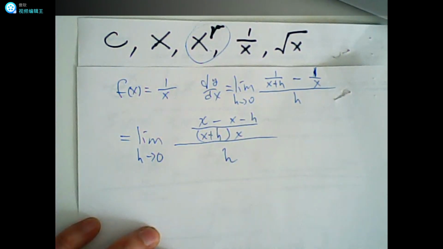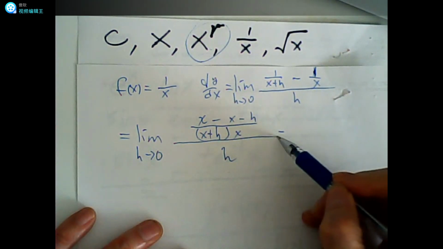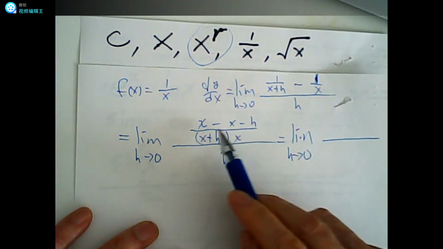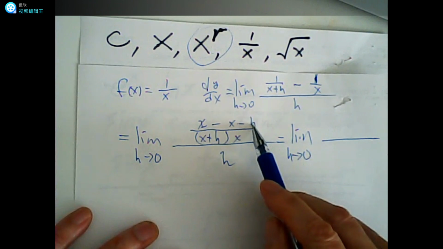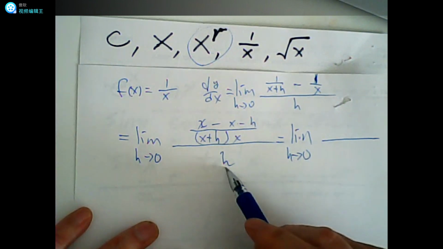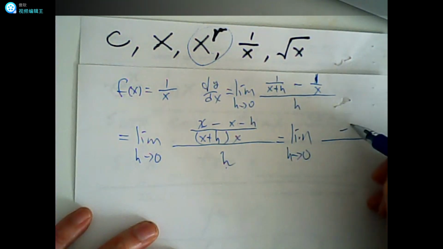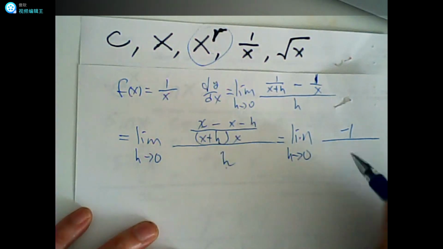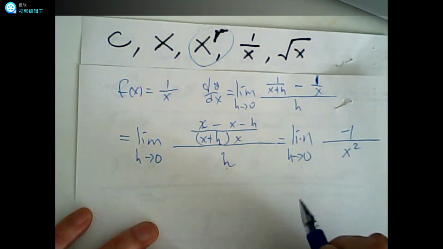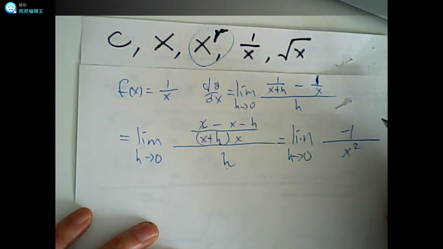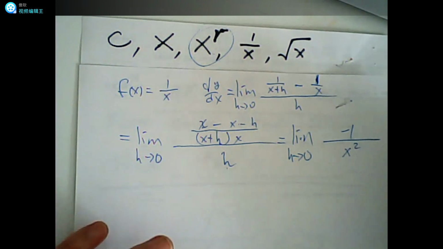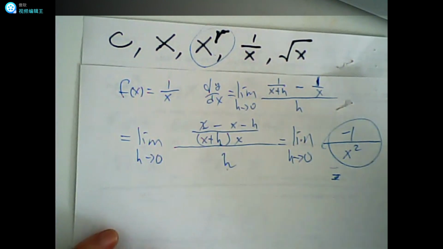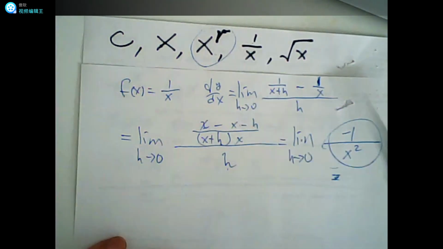This is simple algebra. And this is equal to the limit as h approaches 0. Now x cancels out, negative h cancels with h, equal negative 1 over, as h approaches 0, x squared, right? So that is the result. This is the result of the derivative of 1 over x.